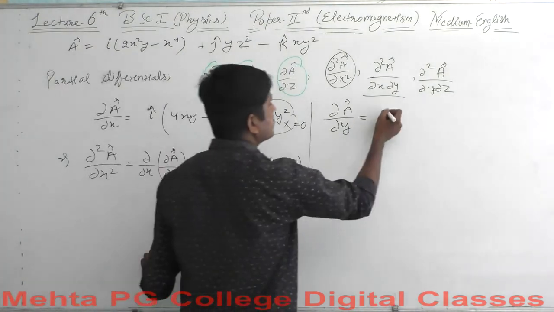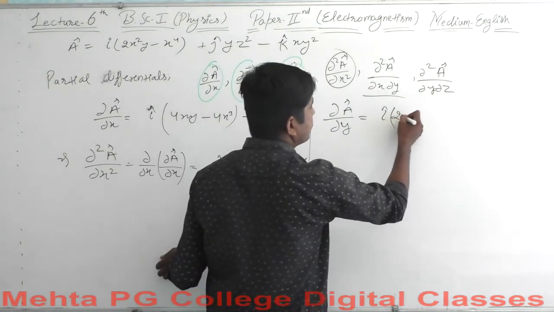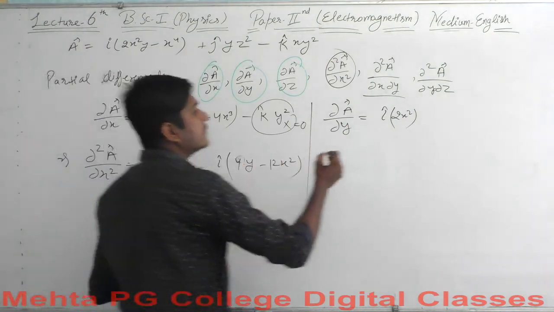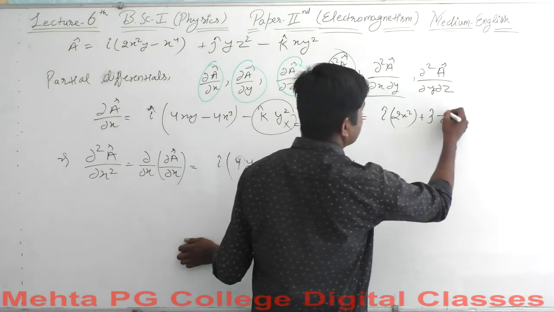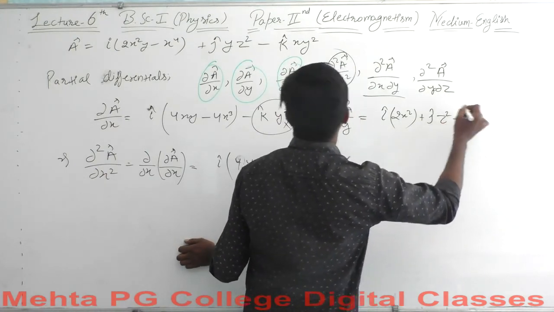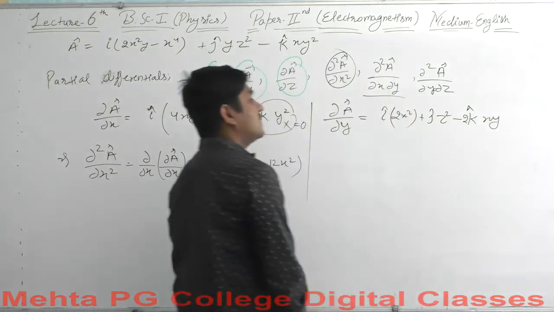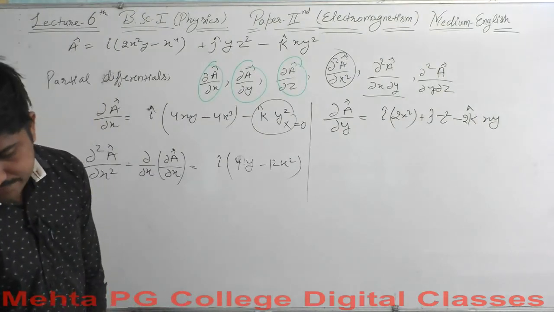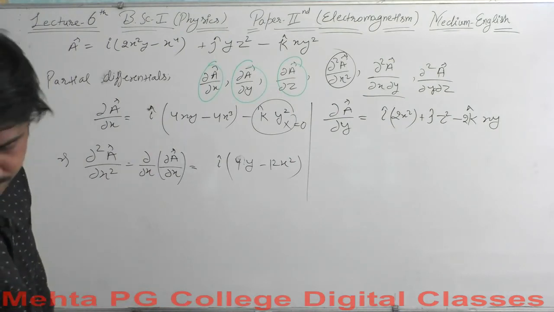So the components that exist are i k 2x square. This will not exist because this doesn't have a component of y. Plus j cap z square minus 2k cap xy. So this will exist for ∂A/∂y. I have cross-checked, and yes, that's true.